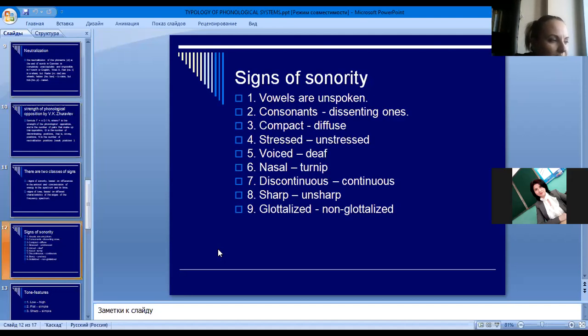So tense phonemes are also called strong or fortis, while non-tense ones are called weak or lenis. Yes, fortis, lenis, the standard opposition. Then voiced and voiceless, which is due to the presence and absence of harmonic vibrations at low frequencies.